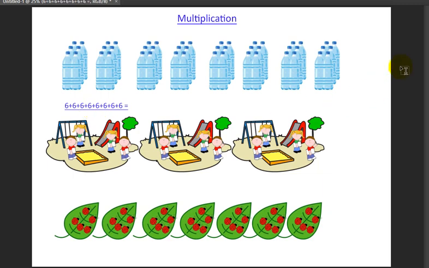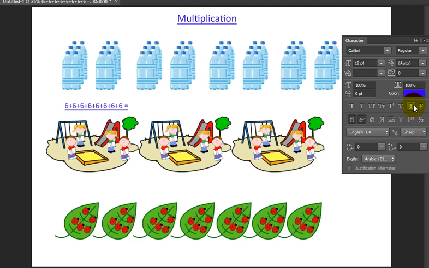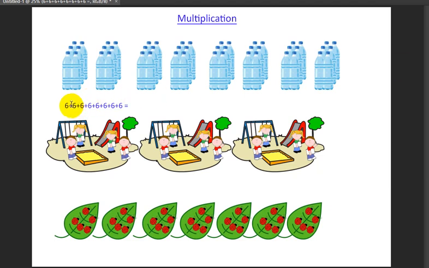Or I could just write all of that in multiplication form, since it's 8 6s. That means it's 8 times 6, right? And that's how I would write that in multiplication form.